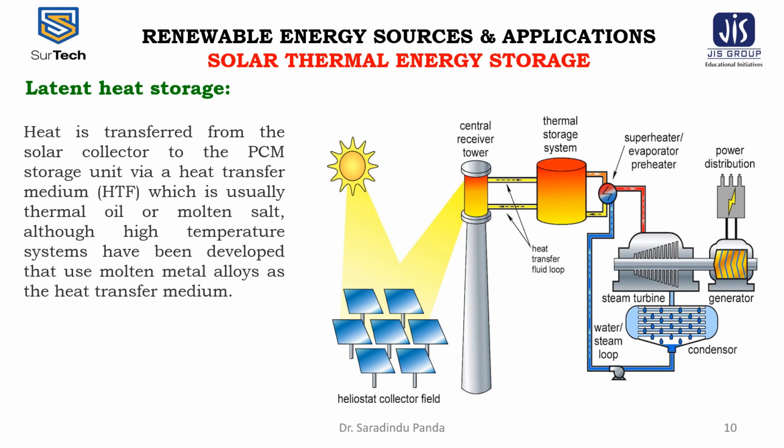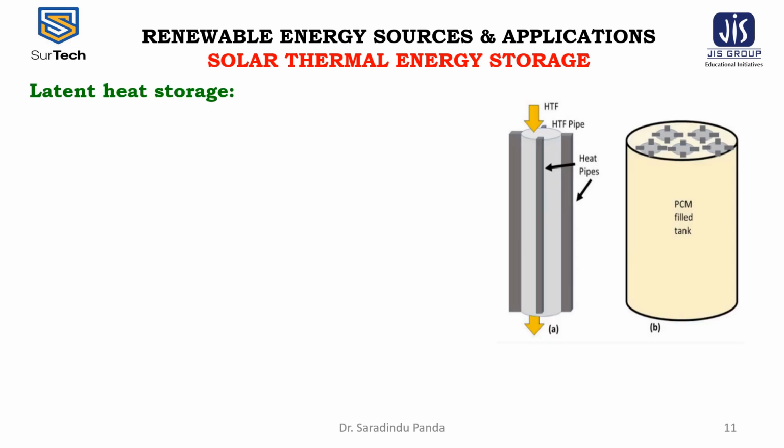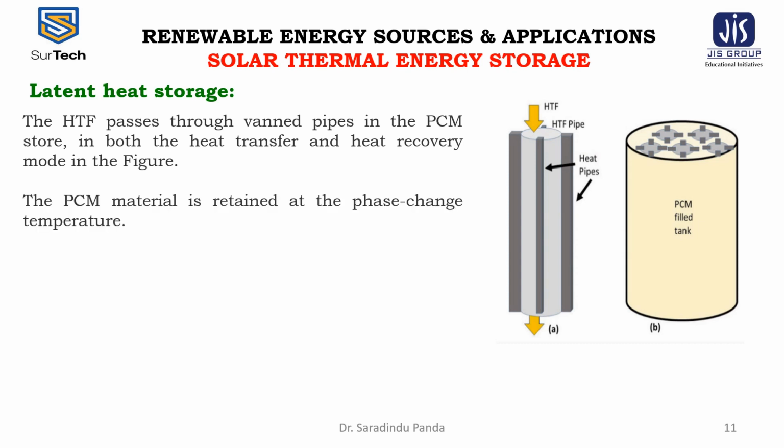Although high temperature systems have been developed that use molten metal alloys as the heat transfer medium. The HTF passes through the vent pipes in the PCM store in both the heat transfer and the heat recovery mode in the figure. The PCM material is retained at the phase change temperature.